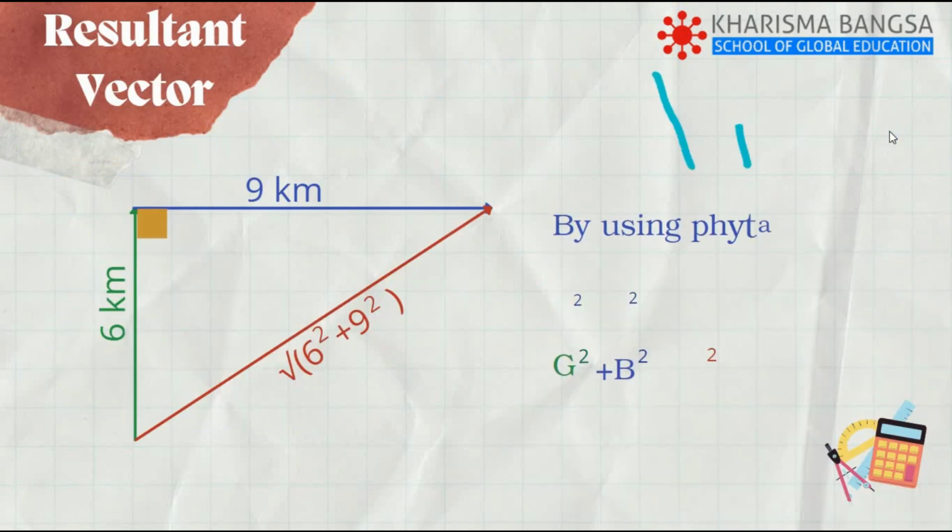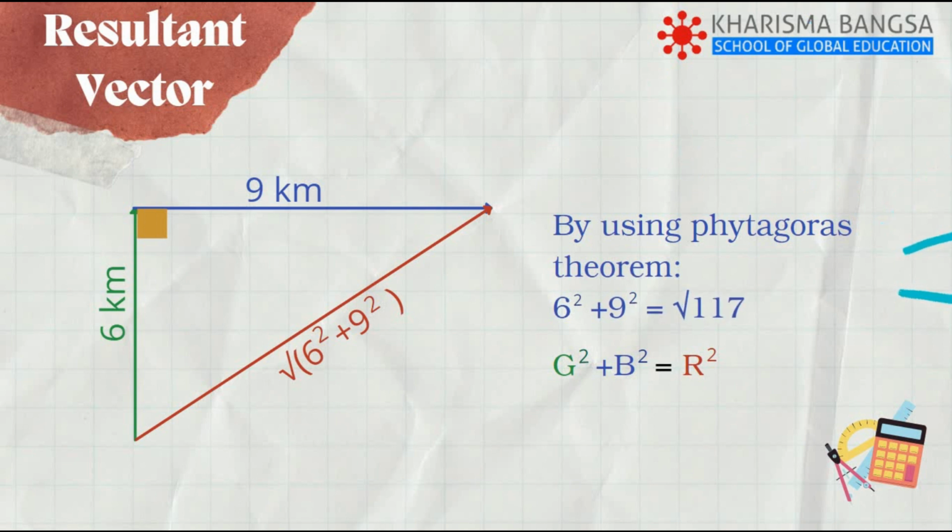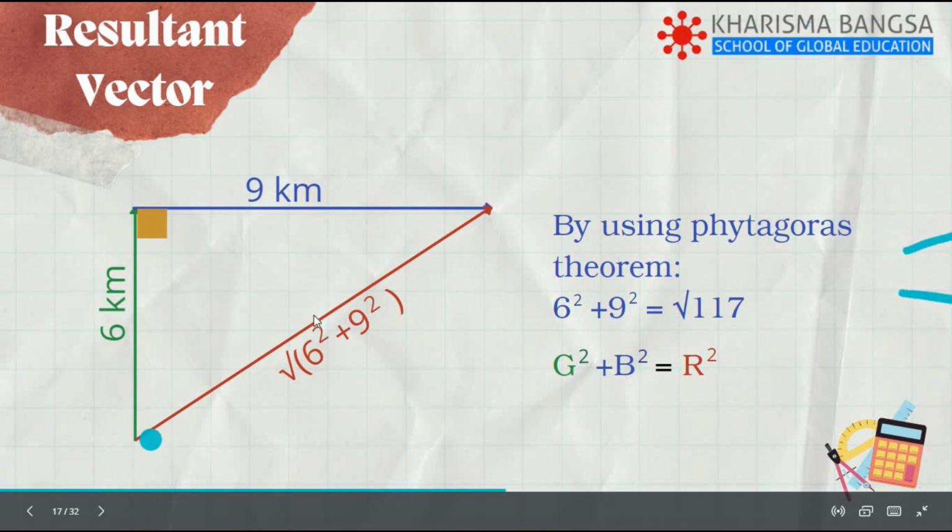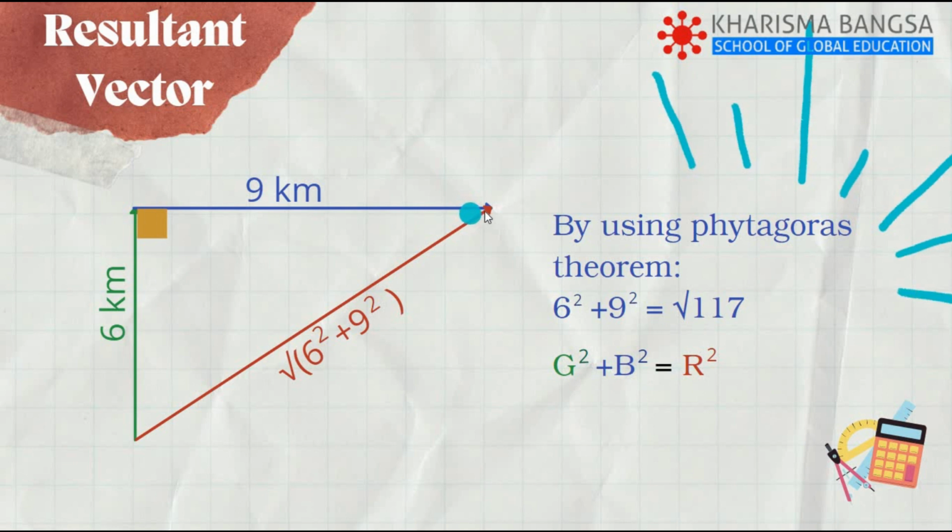The first concept I want to show you is geometry. We can use the Pythagoras theorem to find the final displacement. The first thing we've got to do is to draw a straight line connecting the first point, which is this point, and the end point, like this red line. Then, we can solve this problem using the Pythagoras theorem by inserting the green line and blue line values.